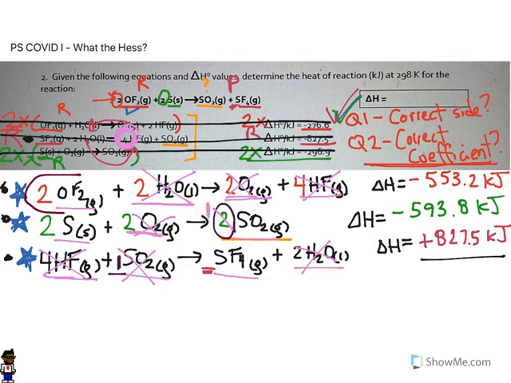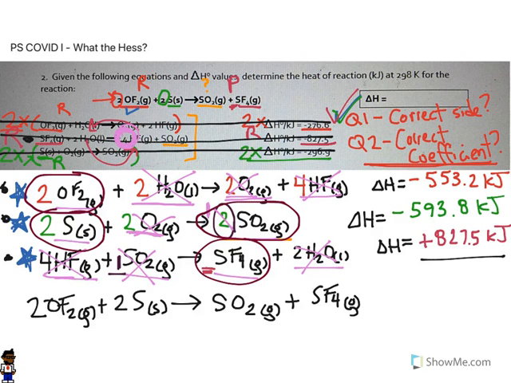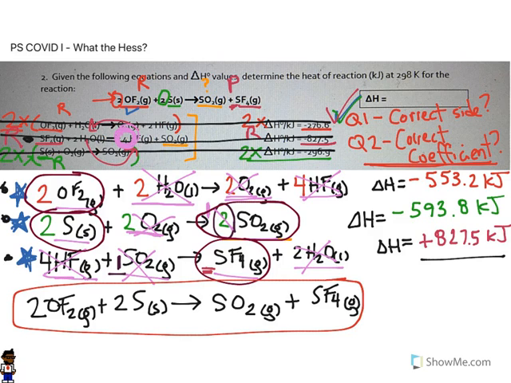So it does look rather messy, but if we circle all the ones that did not get canceled out, we have 2 OF2, 2 S solid, 1 SO2, and 1 SF4. So if we add up all our reactants and all of our products left over after canceling anything out, our final reaction looks like this. So, our question is, does this match our target equation?